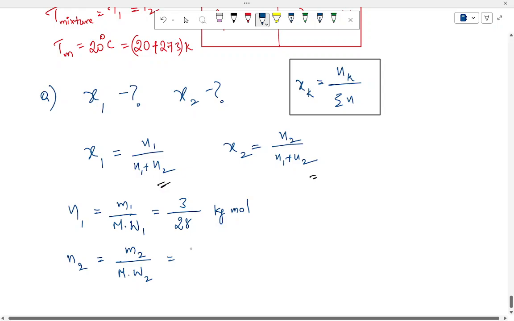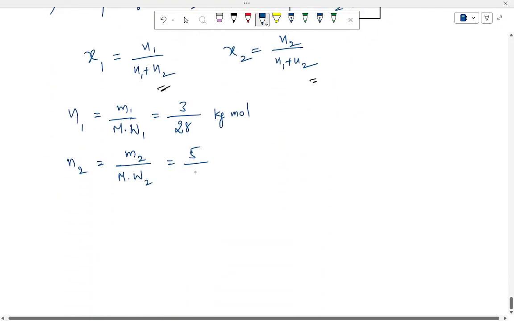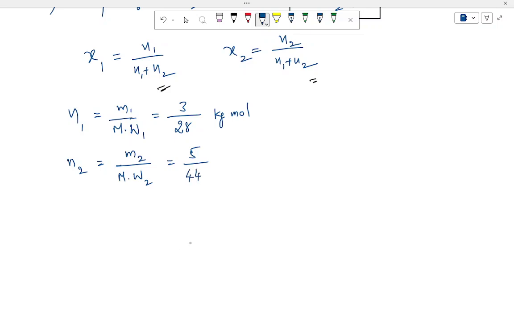The m2 value is given as 5 in the question, and the molecular weight of carbon dioxide must be remembered by heart by the student, which is 44 kg per kg mole. The kg in the numerator and denominator goes, so the value 5 by 44 will have the unit of kg mole, which is the unit of n. So that's appropriately fitting there.